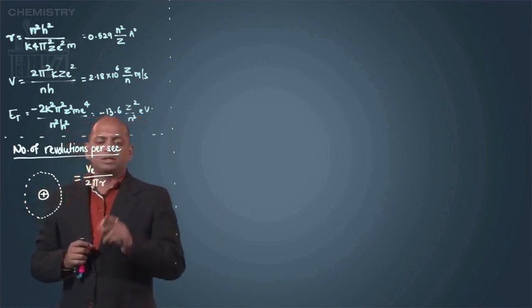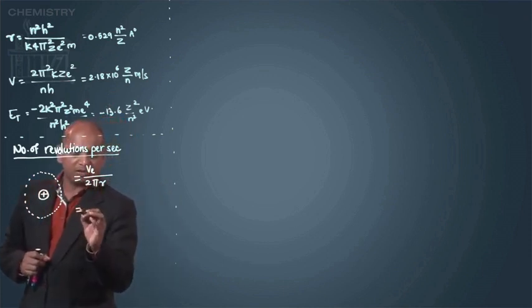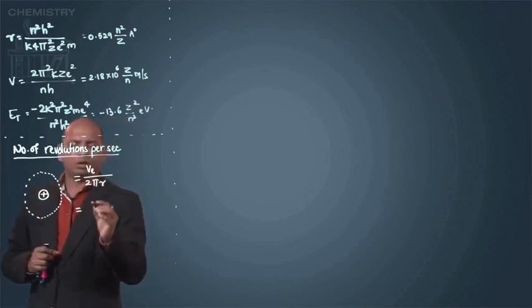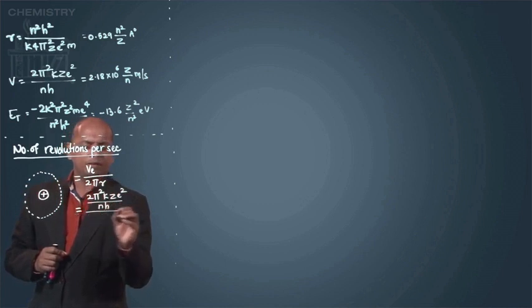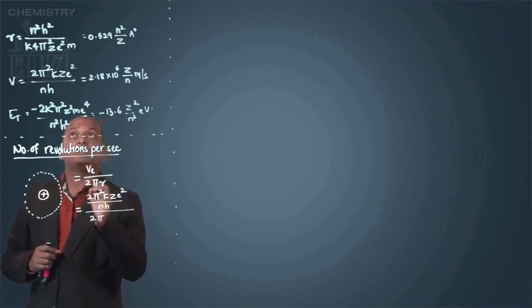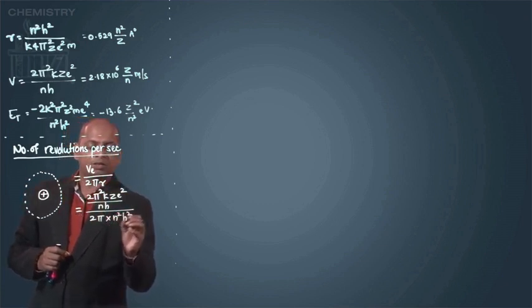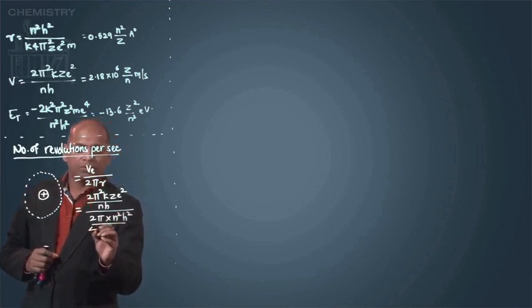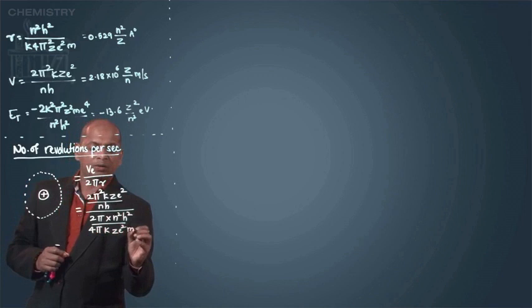Now we know velocity, we know r, we can substitute the values. So after substituting the velocity of the electron, 2 pi square k z e square upon nh, divided by 2 pi times the value of r, that is n square h square upon 4 pi square k z e square m.